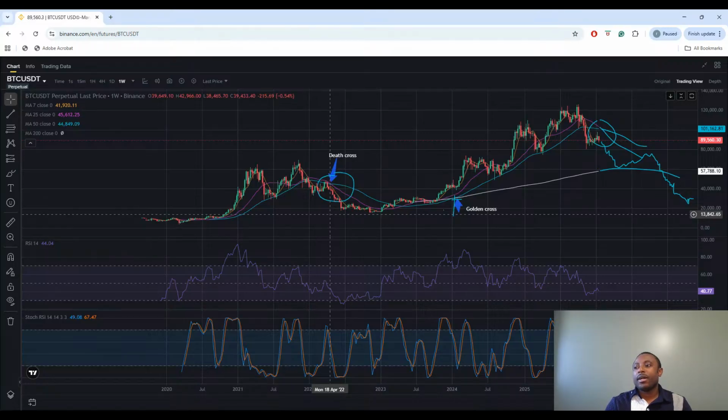We also look at support and resistance levels, channels, wedges, all that. So that will be in the next class.